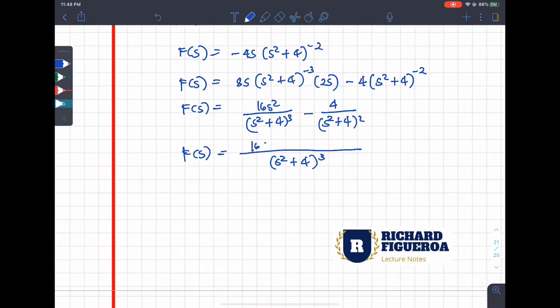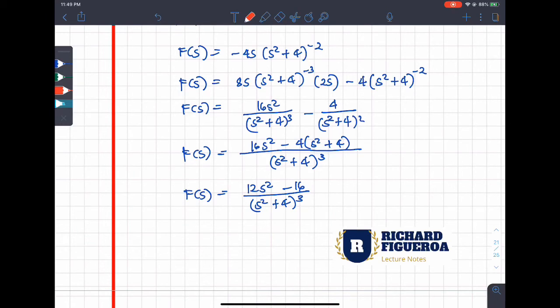So that is 16s squared minus 4 times s squared plus 4. And thus 16 minus 4 gives us 12s squared, so minus 16 all over s squared plus 4 raised to 3. So that would be the Laplace transform.